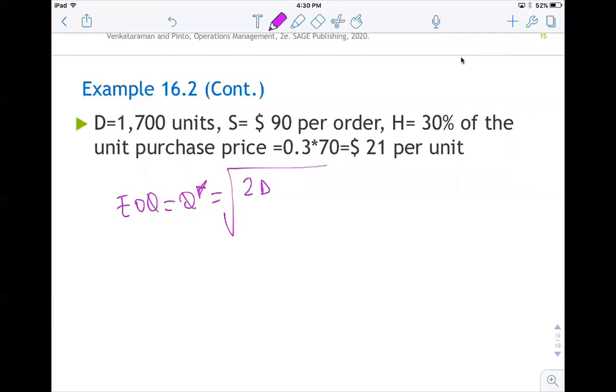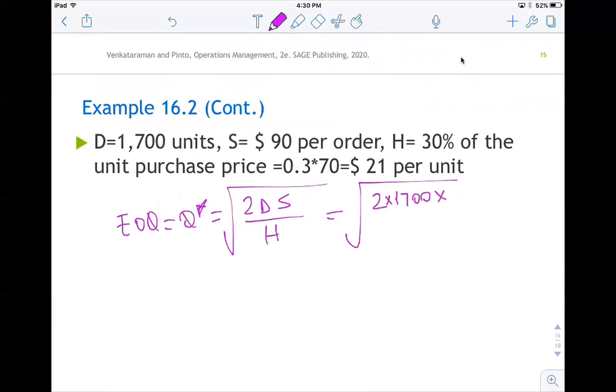2 times D times S divided by annual holding cost, and 2 times 1,700 times my S is $90 divided by $21. Remember, in the previous question, our holding cost was given to us directly.